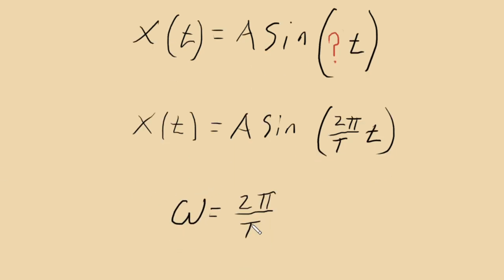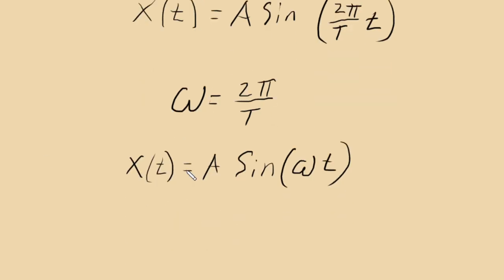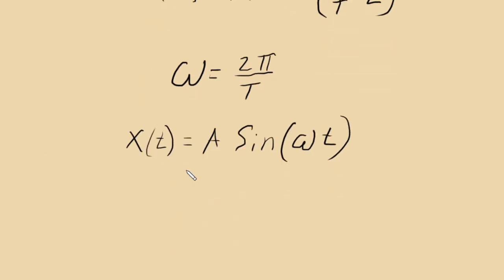This term, 2 pi over our period, is known as angular frequency, and it is the Greek lowercase letter omega. Instead of writing 2 pi over our period, we could just replace that with omega. For those of you in calculus now, I'm not sure if you have done derivatives and integration of trig functions.